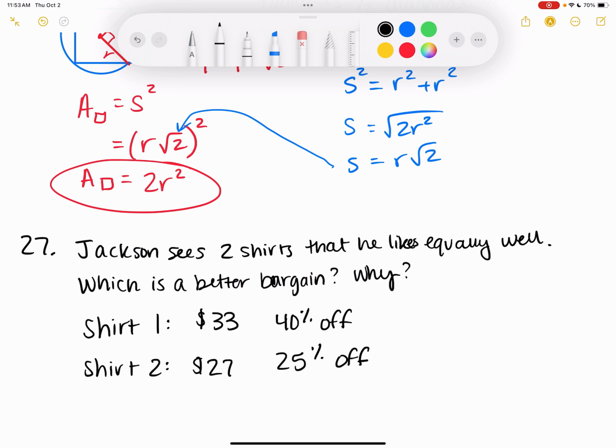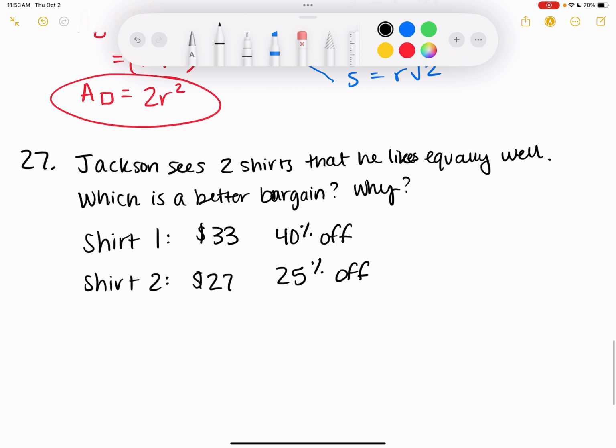Okay? So I'm going to make your life easier and show you the shortcut. We would do 33 times 0.6. And if I do that, $19.80.